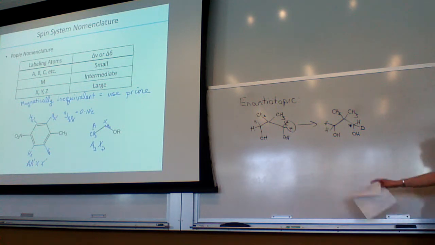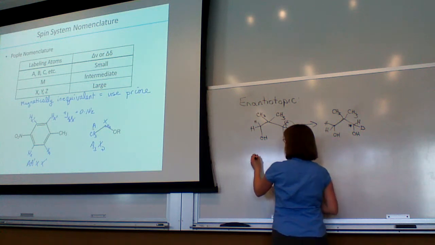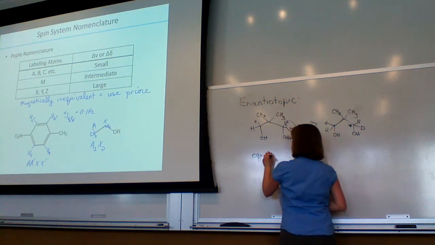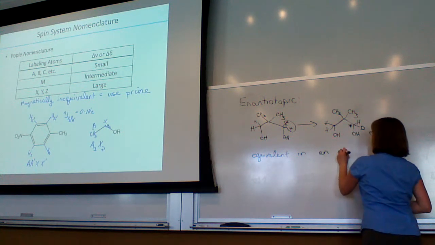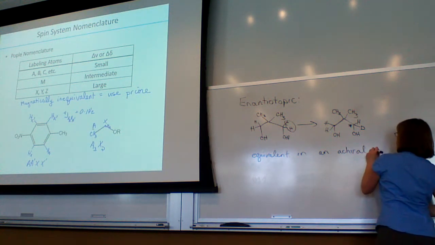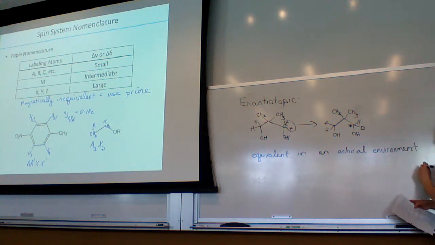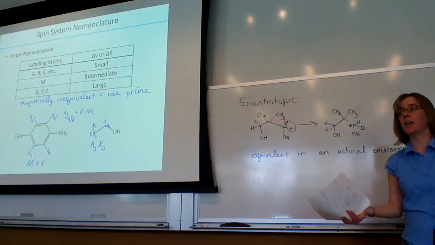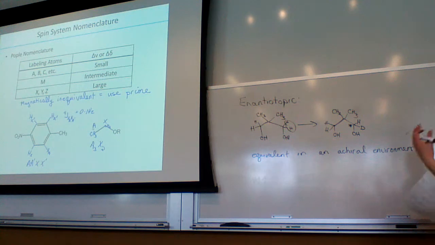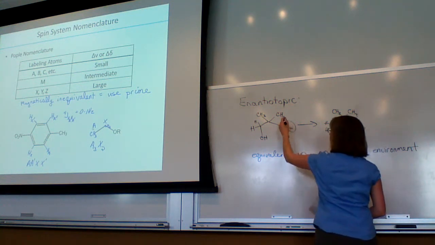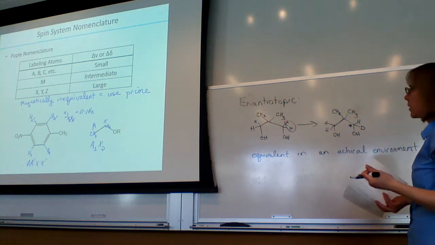However, when we look at the original spectra, they are going to be equivalent in an achiral environment. In a normal environment, if you were to put it in chloroform and run the sample, you're going to see those two H's showing up as the same signal, which is what we've been seeing and expecting.